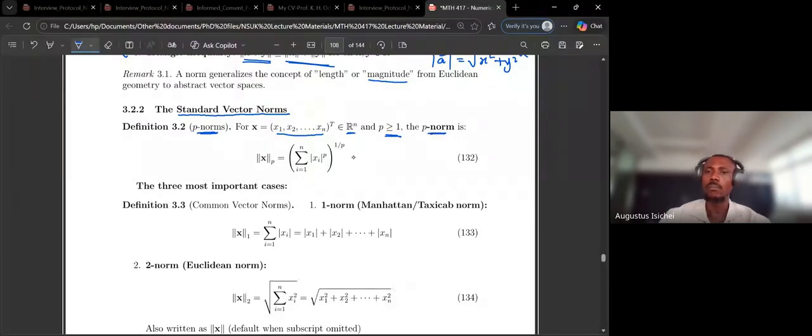The P norm is defined by the norm of x, and you write P as a subscript. This is what we call LP. So LP is defined as the norm of x subscript P equal to the summation of all |xi| to the power of P, where i ranges from 1 to n, in brackets raised to the power 1 over P.